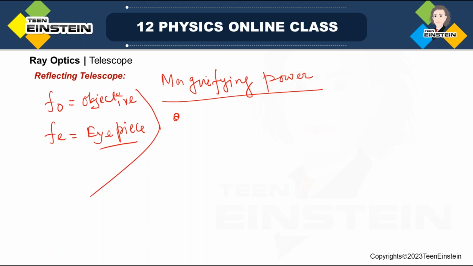One is the maximum magnifying power, which occurs when the final image is formed at the least distance of distinct vision.